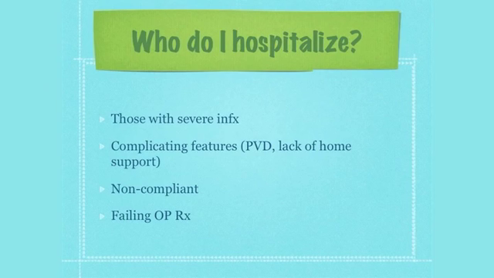Always pay attention to the patient as a whole, the vital signs, what the glucose is doing lately, etc. But the people that we choose to hospitalize are those that are very ill, the ones that we suspect are very non-compliant, the ones that have a lot of peripheral vascular disease, and those that have failed therapy as an outpatient.